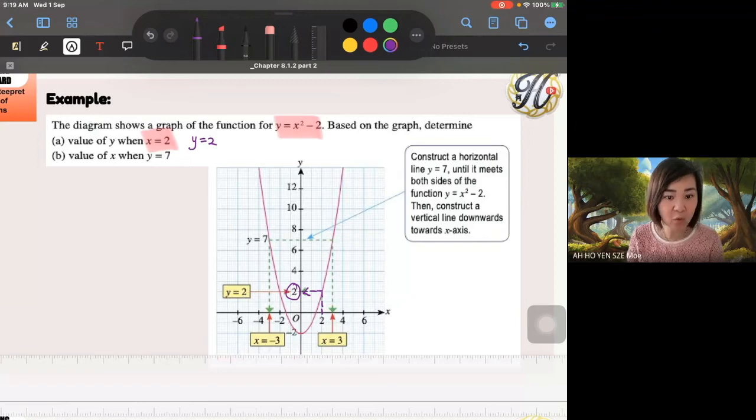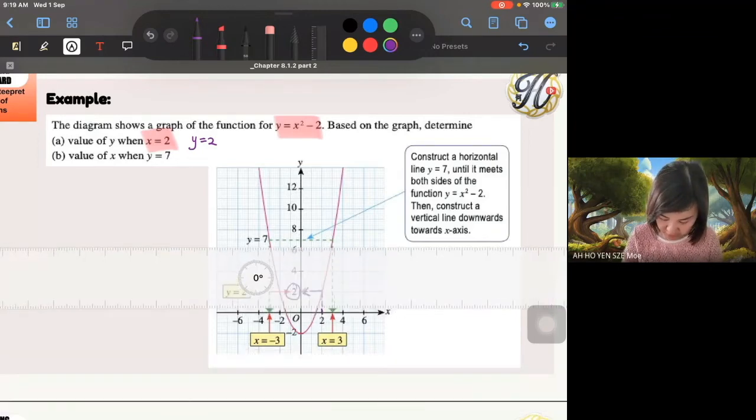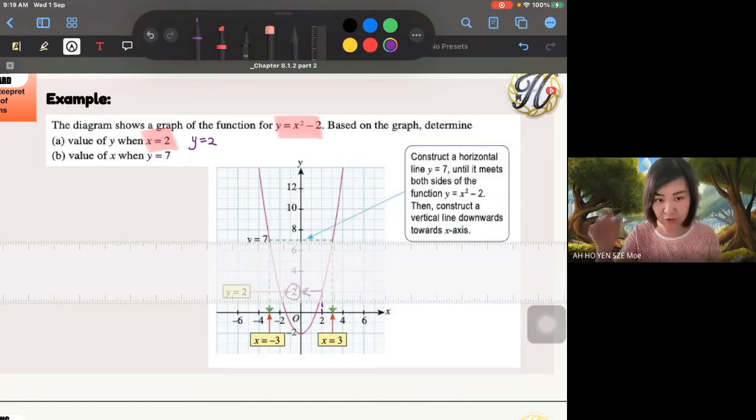Another one, y is 7. Here is 7. But you can see this is a parabola graph. When my y is 7, I actually touch 2 points on the graph, which means I have 2 answers. When the line intersects the graph at 2 points, I have 2 answers.